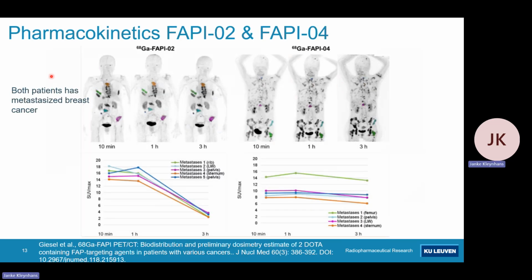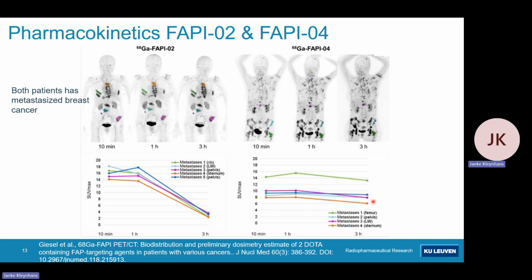So if we look at the pharmacokinetics, FAPi 02 and FAPi 04 were the starting examples. And as you can see, this is really important to remember with FAP radiopharmaceuticals: it accumulates nicely in the tumor, but it washes out as well. This is really important to remember because this is not influencing the diagnostic capabilities, but it is for sure going to influence the therapeutic efficacy.